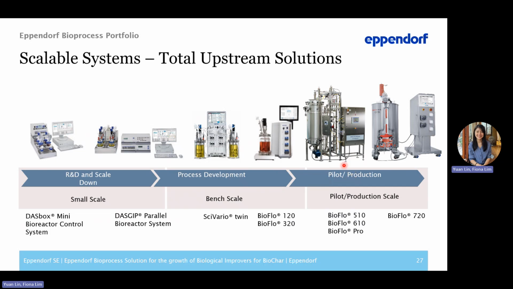We have the BioFlow 510, 610, and BioFlow Pro. The main difference is the working volume of the tank. And finally, we do have the BioFlow 720 unit. BioFlow 720 is a single-use bioreactor that makes use of a single-use bag and goes up to 500 liters at the moment.